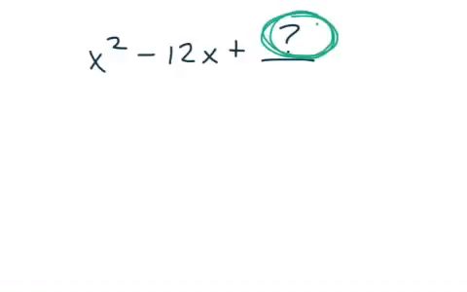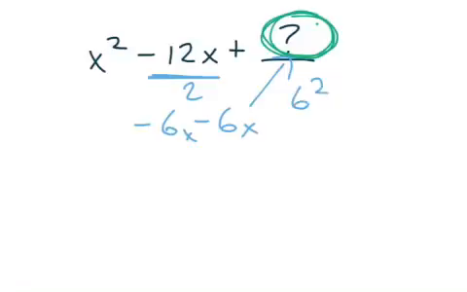Okay, so hopefully you looked right here at the minus 12x and you said, hey, you know what? If I divide minus 12 by 2, it's negative 6 with another negative 6. And that's how we end up with negative 12x, right? So what do I put in here? I'm going to take the 6 and I'm going to square it and get 36.